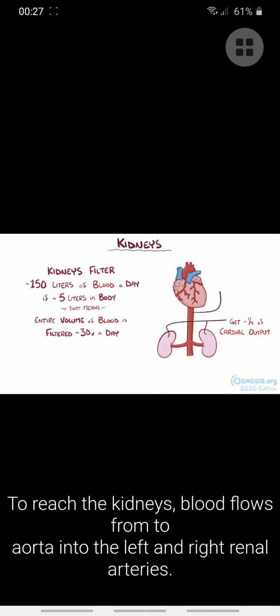To reach the kidneys, blood flows from the aorta into the left and right renal arteries.